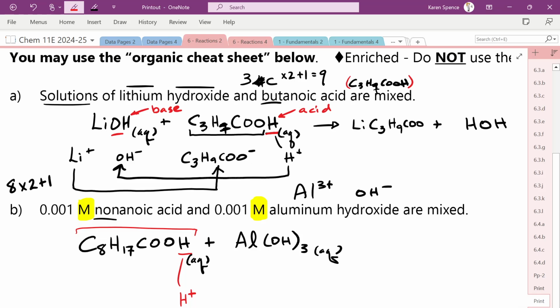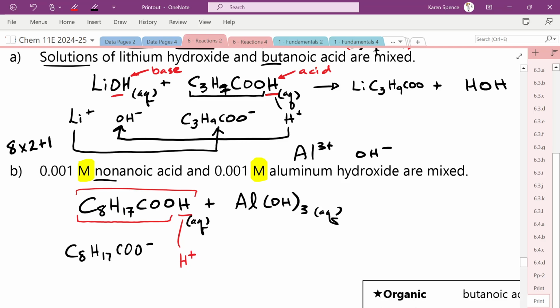All that other nonsense, yes? Yeah, all the stuff. Nonanoate is how you would say it. Nonanoic acid becomes nonanoate, but you don't need to know that. So at any rate, it's all the C8H17COO−. Okay, that's good.